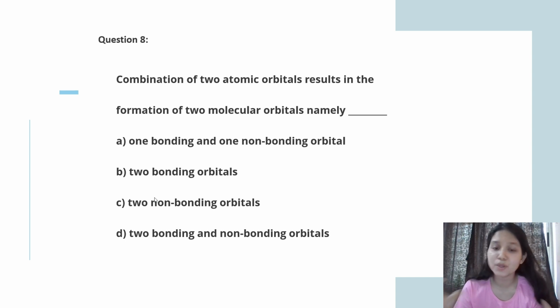Two atomic orbitals will combine in a constructive way to form one bonding molecular orbital, which will have lower energy, and also they will form one anti-bonding orbital, which will have higher energy.